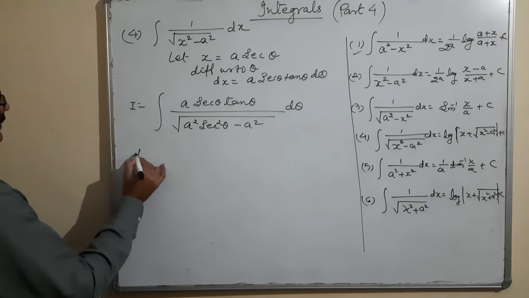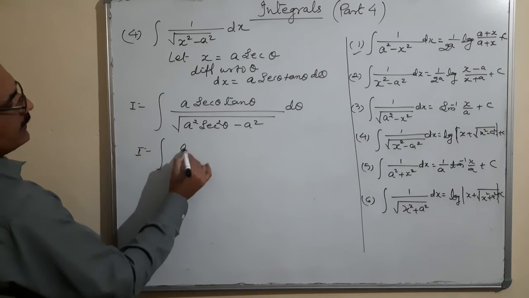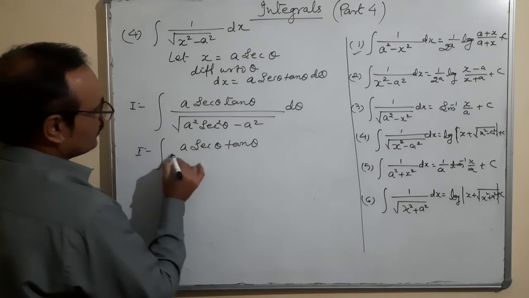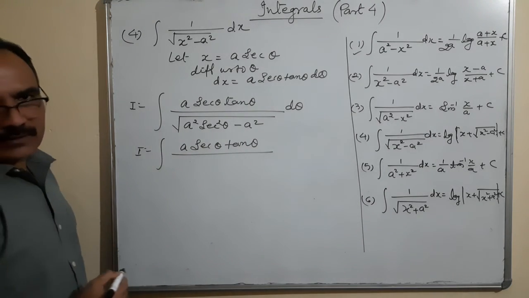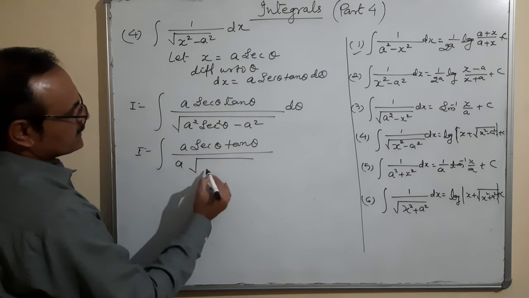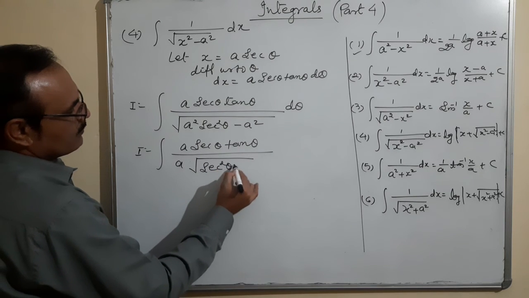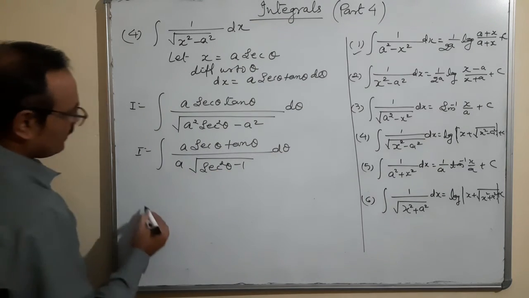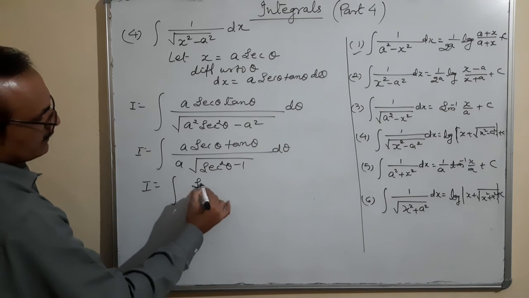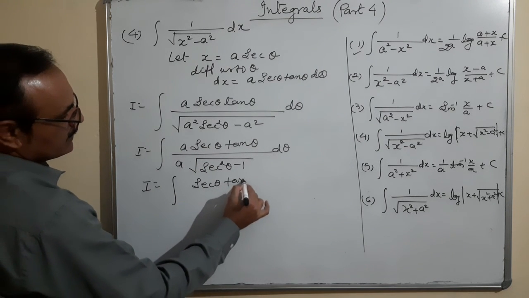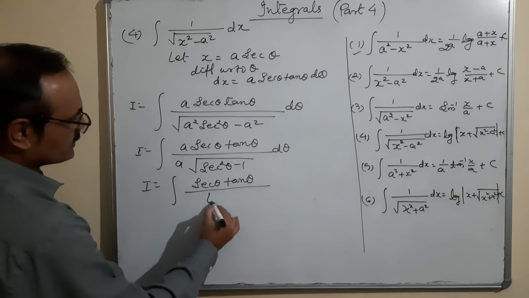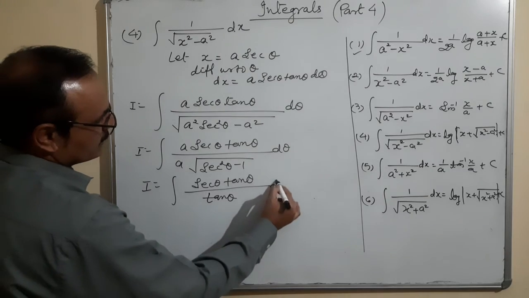Taking a square out from the root, it becomes a only. In the root, what is left? Sec square theta minus 1. So I is equal to, a and a cancel, sec theta tan theta upon under root sec square theta minus 1, that is tan square theta, that is tan theta, d theta.